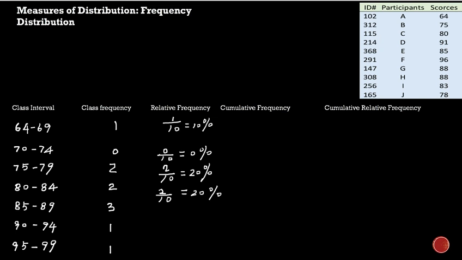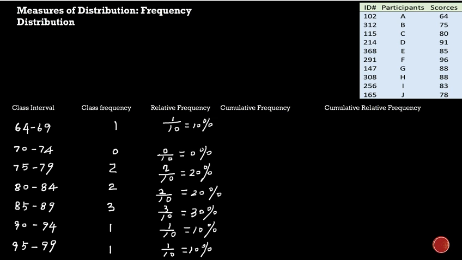For 85 to 89, we have 3 over 10, 30%. 90 to 94, we have 1 over 10, 10%. The last one, 1 over 10, 10%.